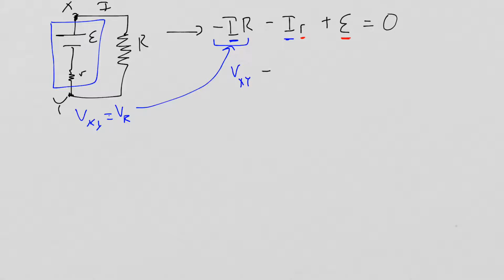So if we pick Vxy is 4 volts, then we've also picked that the current must be 1 amp, and then that, times little r plus epsilon, will equal 0. That's one equation. But we could also equally write, using the center data point, Vxy is 3.